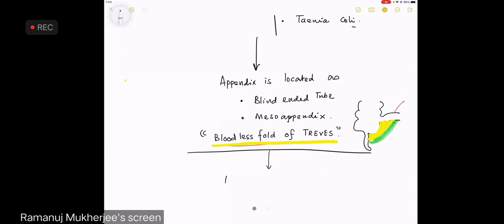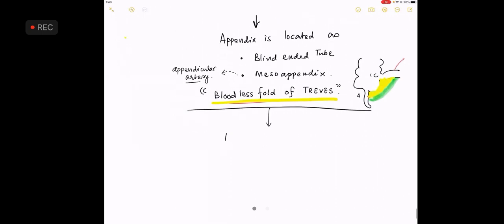The bloodless fold of Treves is an avascular fold, the yellow colored structure that extends from the ileocecal junction to the appendix. Now beneath the yellow colored structure, there is a mesoappendix. What does the mesoappendix contain? It contains appendicular artery. This completes the story.